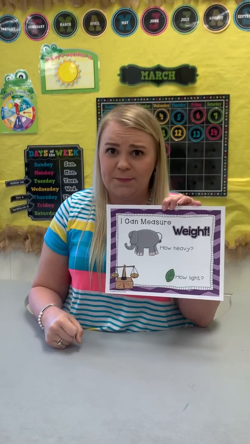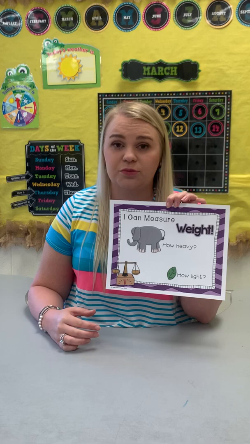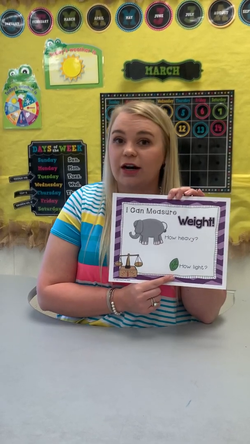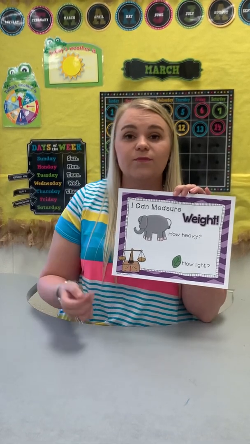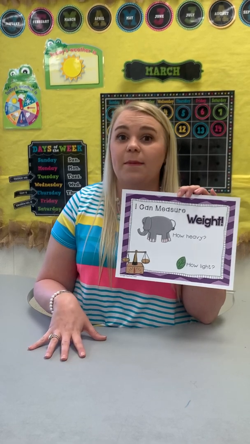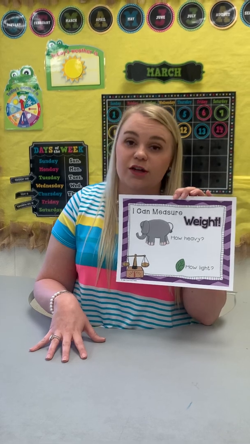You can't pick up an elephant. It's too heavy. It weighs too much. The leaf is lighter in weight. You could pick up a leaf and throw it in the air. It weighs hardly nothing.